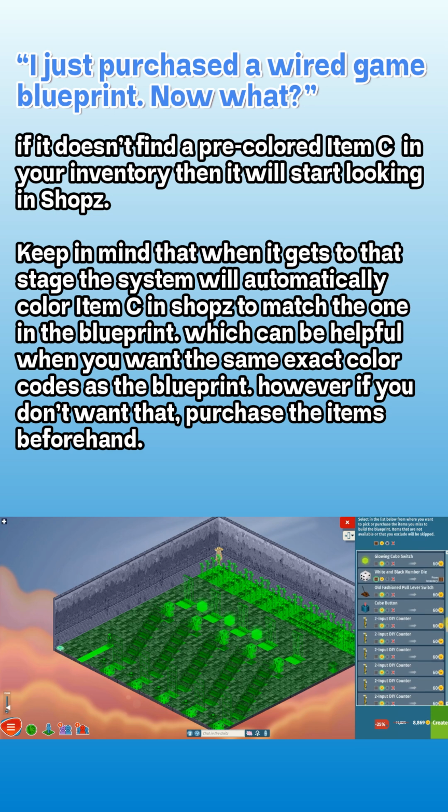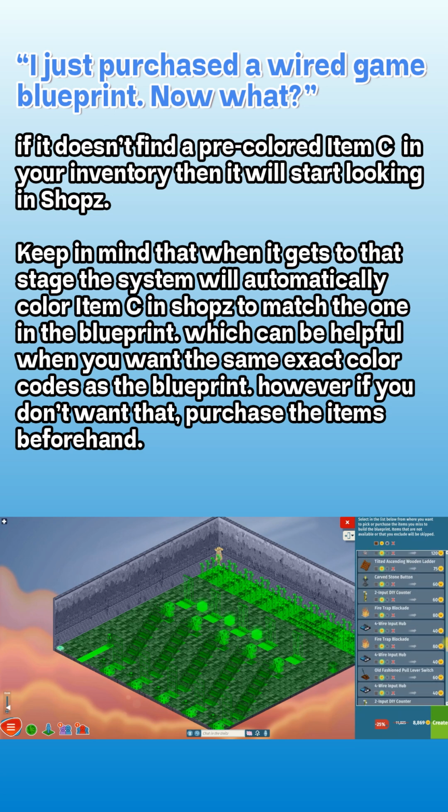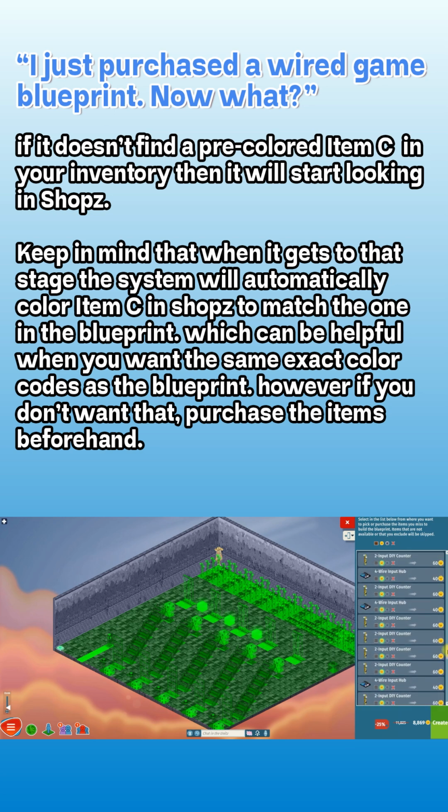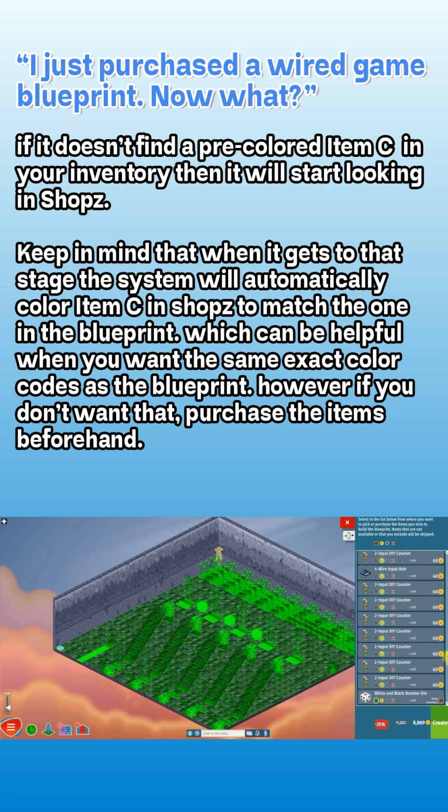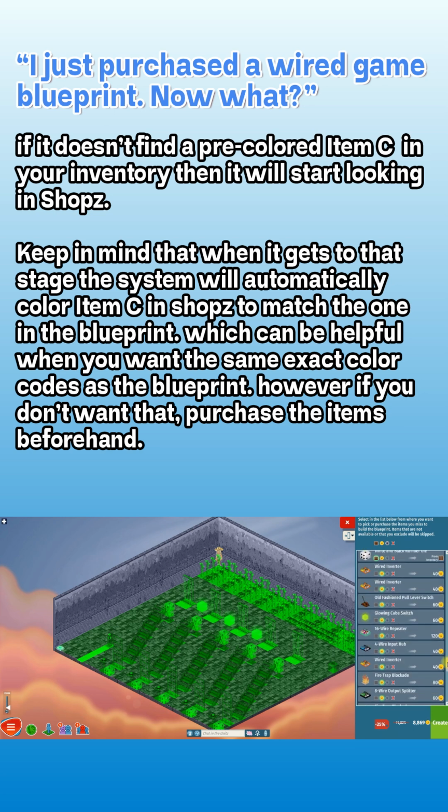If it doesn't find a pre-colored item C in your inventory, then it will start looking in shops. Keep in mind that when it gets to that stage, the system will automatically color item C in shops to match the one in the blueprint, which can be helpful when you want the same exact color codes as the blueprint. However, if you don't want that, purchase the items beforehand.